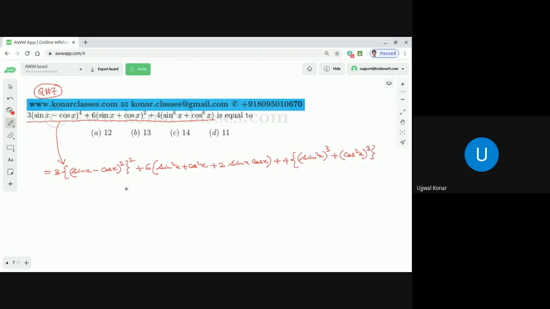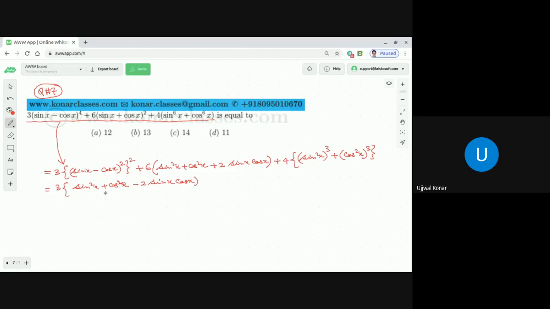Correct, no? So this is equal to what, dear students? This is equal to 3 into sin x minus cos x whole square, that is equal to sin square x plus cos square x minus 2 sin x cos x.